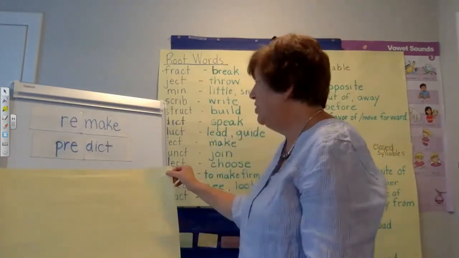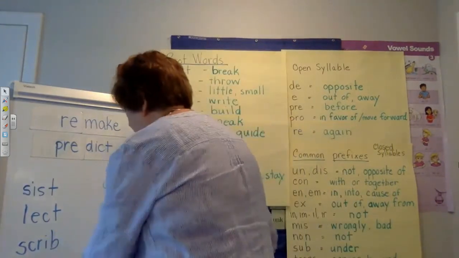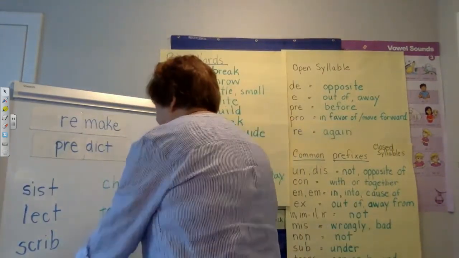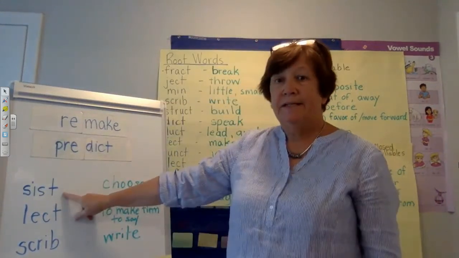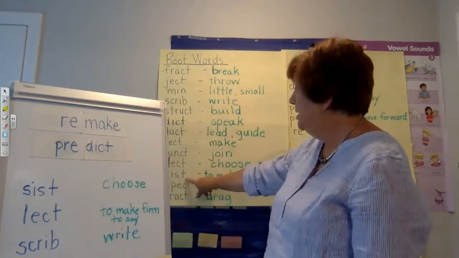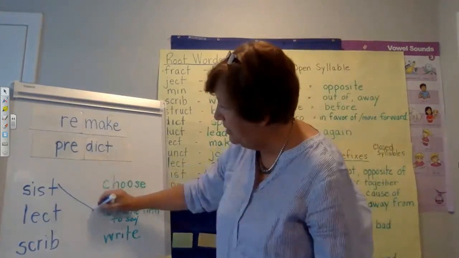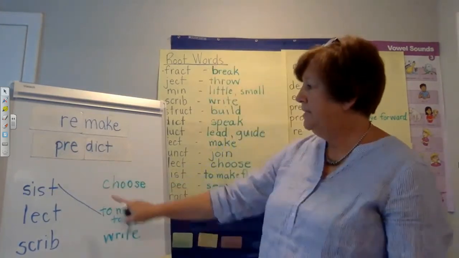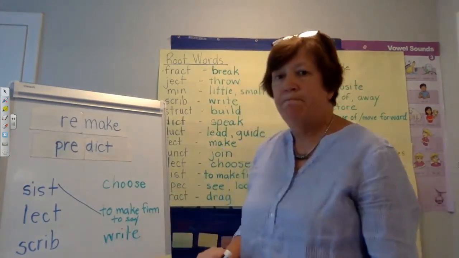So let's just match up a few of the Latin roots and the meaning. I have the first one here, cyst, right? Let's look up here. Cyst means to make firm or to stay, so we would match that just like that. Cyst, like insist, to make firm or to stay.